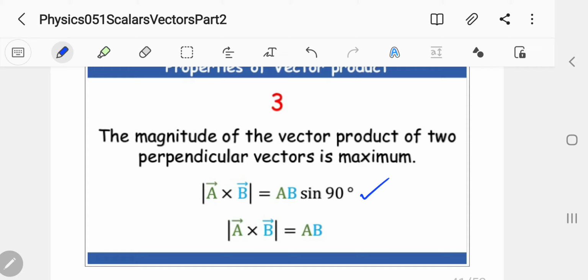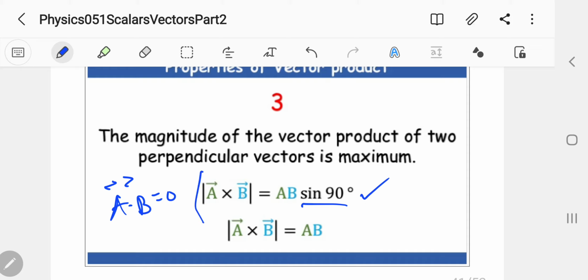This is the magnitude. So if two vectors are perpendicular, that is sine 90, the angle between them is 90, so the magnitude of the cross product is maximum, AB. But if you take the dot product of two perpendicular vectors, the dot product is always equal to 0.